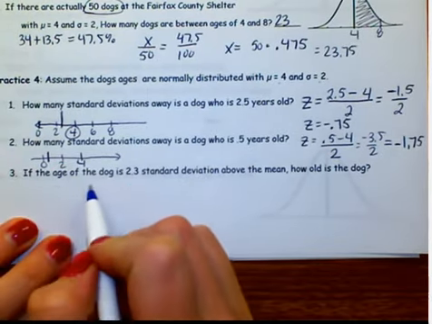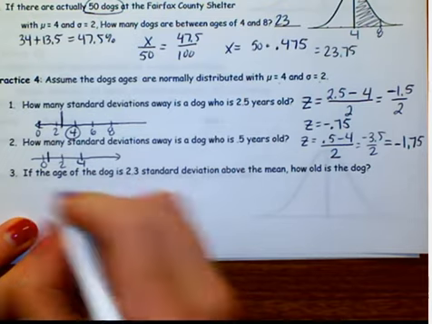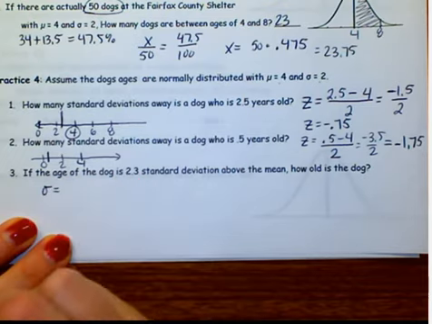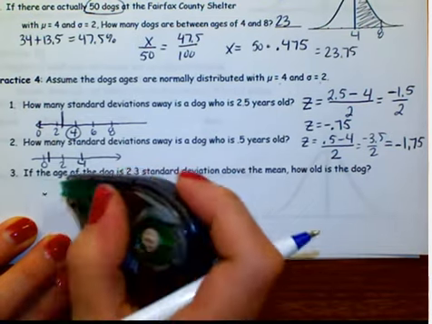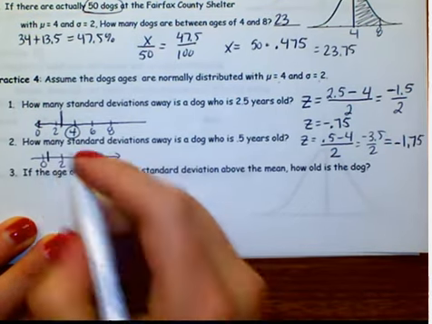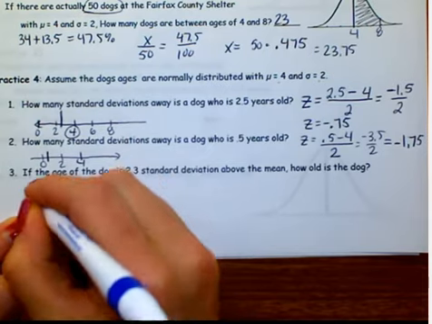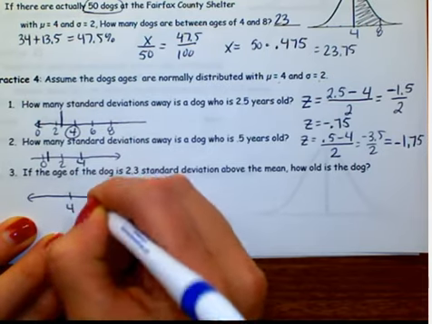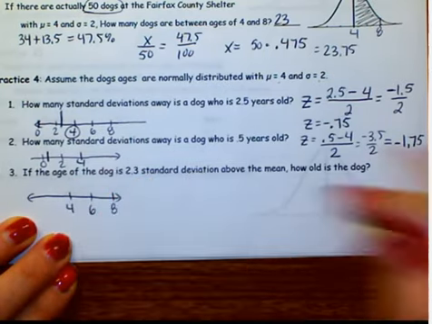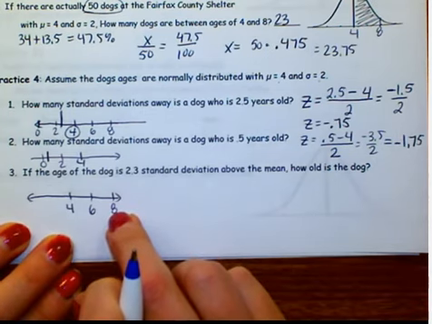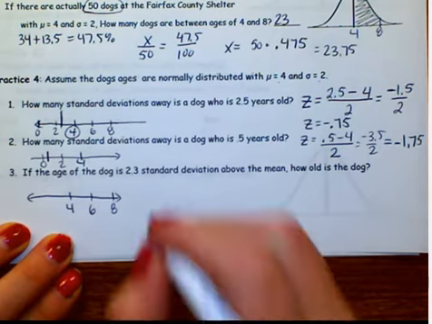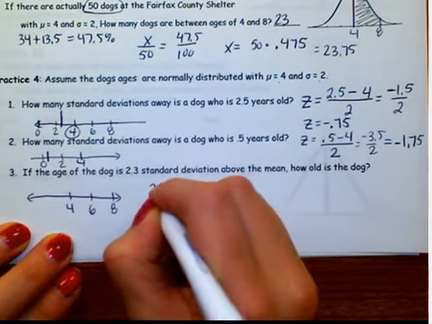If the age of the dog is 2.3 standard deviations above the mean, how old is the dog? 2.3. So if I look at my number line, the average, 1 standard deviation, 2. So the dog is going to be more than 8. Okay, let's see if we can find it.